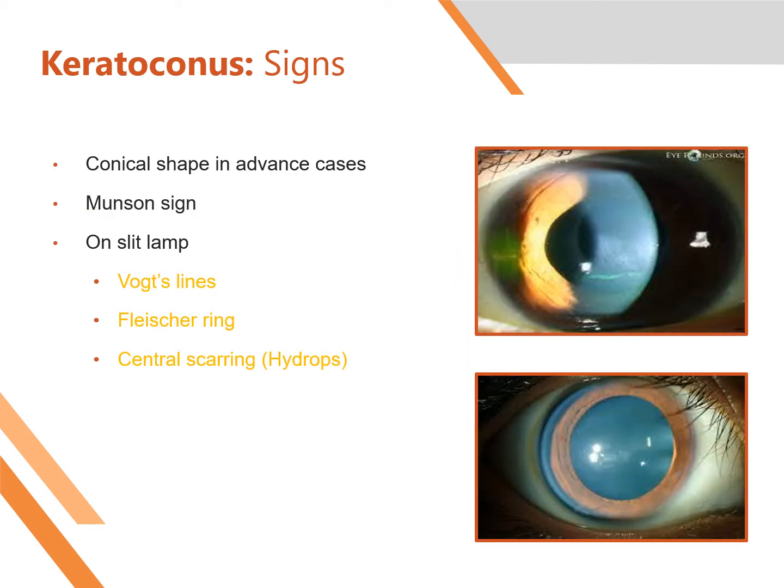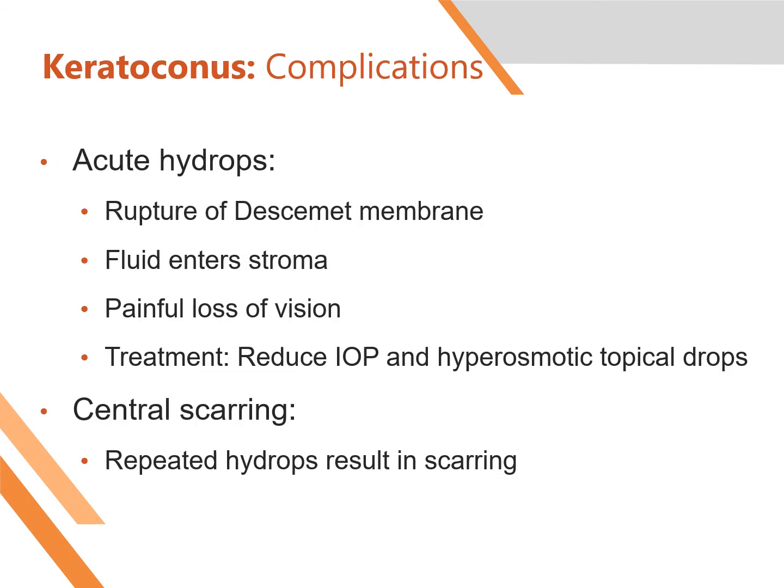On a slit lamp, you can see vertical lines, which are called Vogt's lines, or the Fleischer ring, which is subepithelial, or you can see scarring in the center of the cornea, which is because of the hydrops, and that we'll discuss in the complications. So these are the signs which you can see clinically.